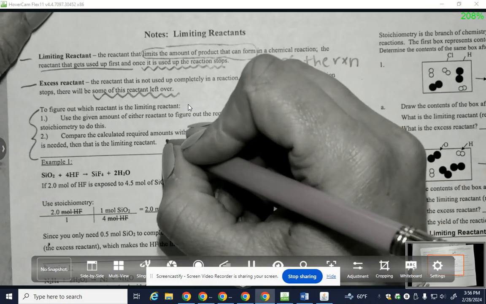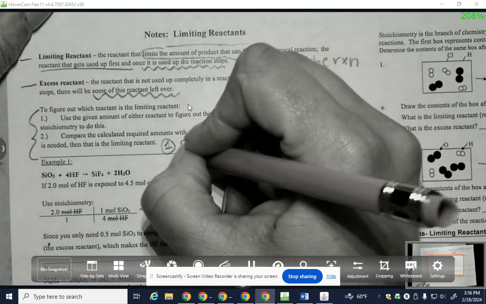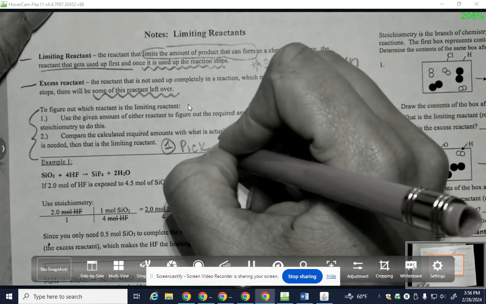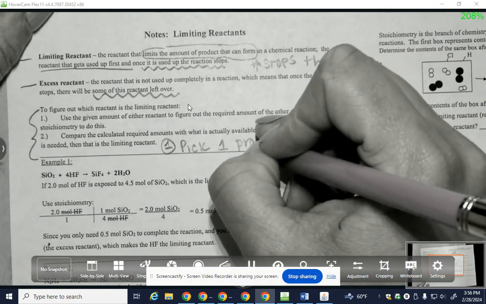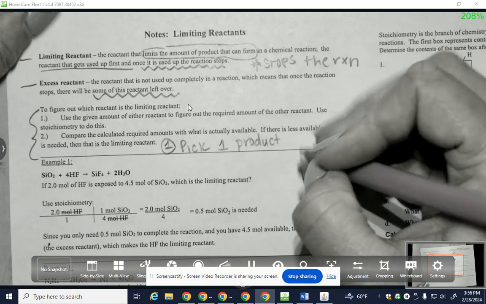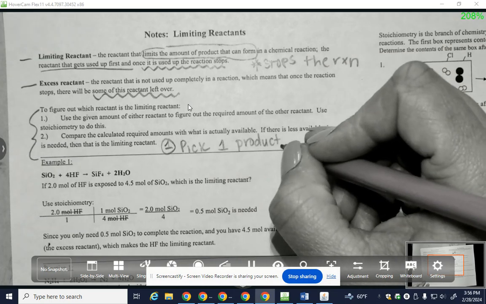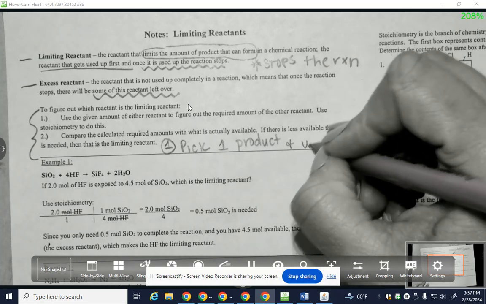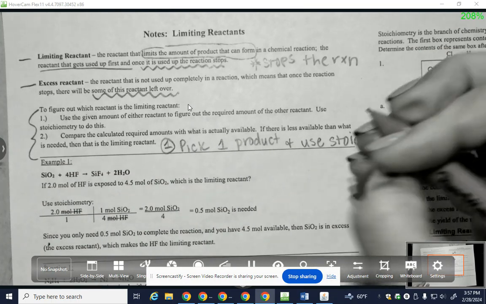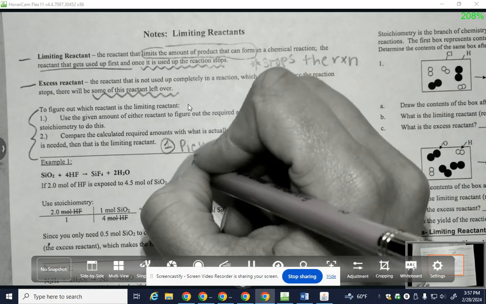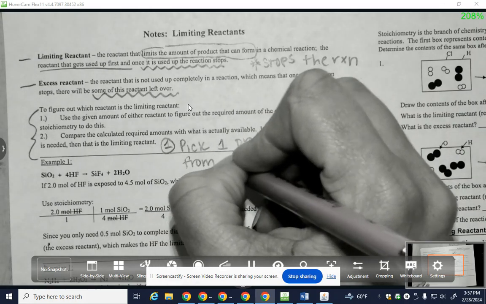So this is my method. You're going to pick one of your reactants. Pick one product. So looking at your balanced equation, you're going to pick one product and use stoichiometry from each reactant.